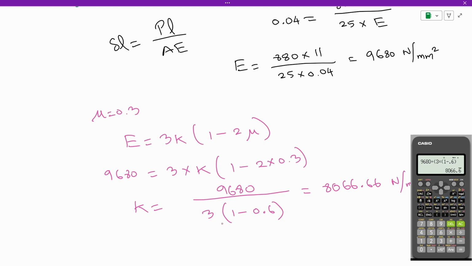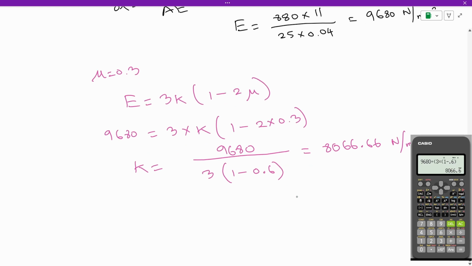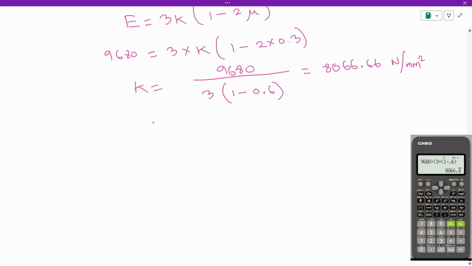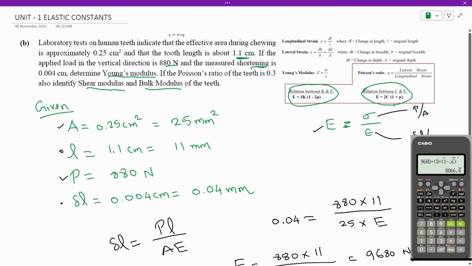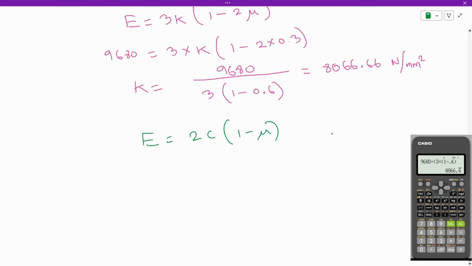Similarly, we can also identify the value of G, or C. What is the formula? E is equal to 2C of 1 minus mu. Sorry, 1 plus mu. So 2C of 1 plus mu. Apply this in the same way: 9680 is equal to 2 into C of 1 plus 0.3.